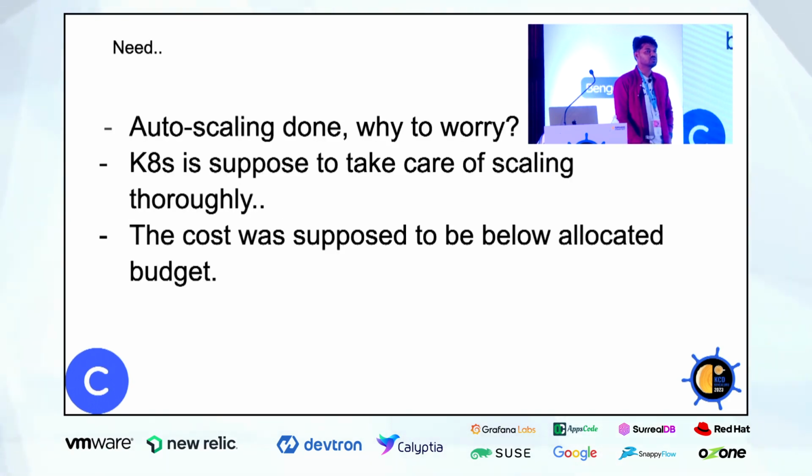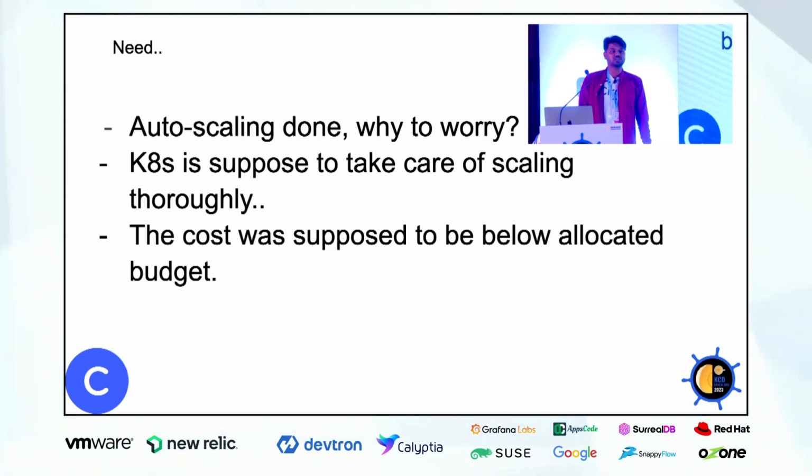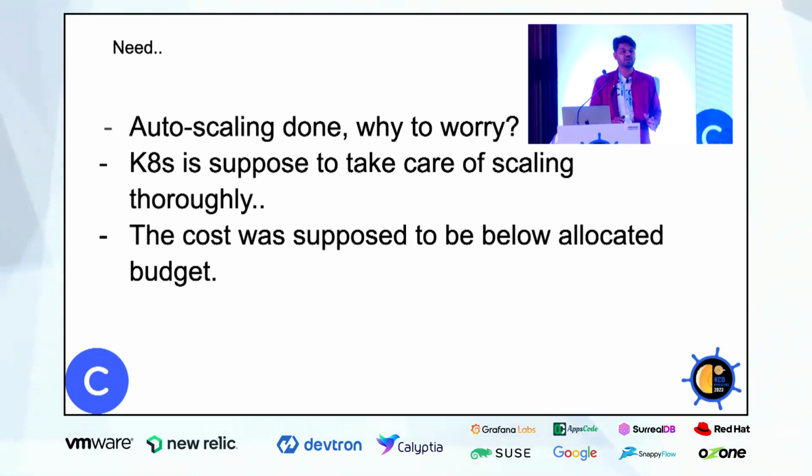First thing is, when you start operating a Kubernetes cluster in production, we often put an autoscaler in place and think, okay, the autoscaler is in place, we are a bit relaxed, and it is going to take care of almost everything of scaling up and down. It is pre-assumed that if you are using Kubernetes for your workloads, it's going to be smart enough to take care of a lot of things, and that is true as well.